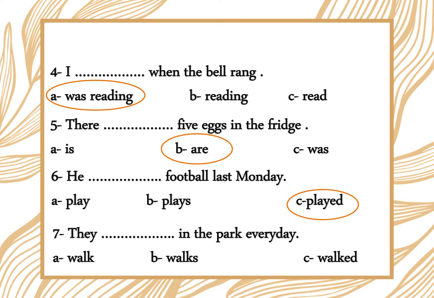So our answer should be in the present simple tense. And because we are using they, we never add anything to the verb. They walk in the park every day. As I said before, we have to make sure before sending our answers to the teacher.